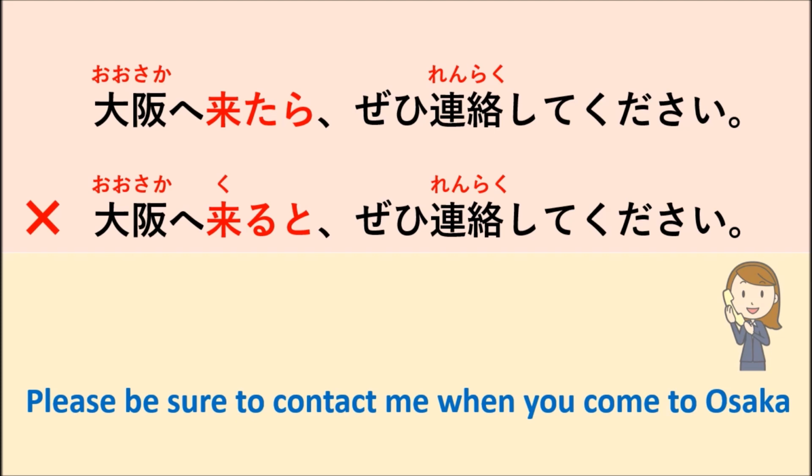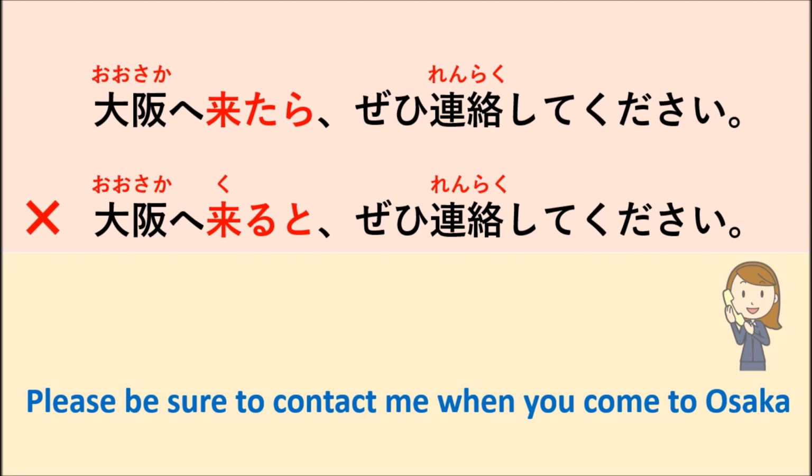But if you use 来ると, it means that after 来ると, the second action must happen. In this case, here is the negative side: it is not certain to happen. Sometimes it happens, sometimes not. Why?